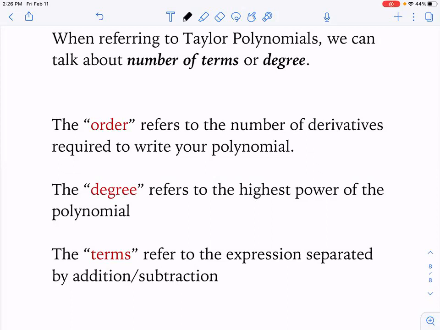Second example, if I ask for the first 5 non-zero terms, that would be a polynomial of 8th degree, of 8th order.